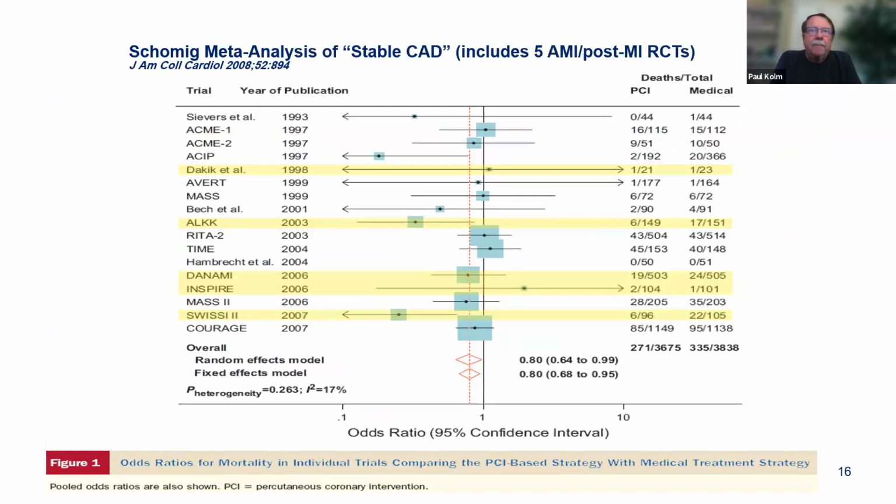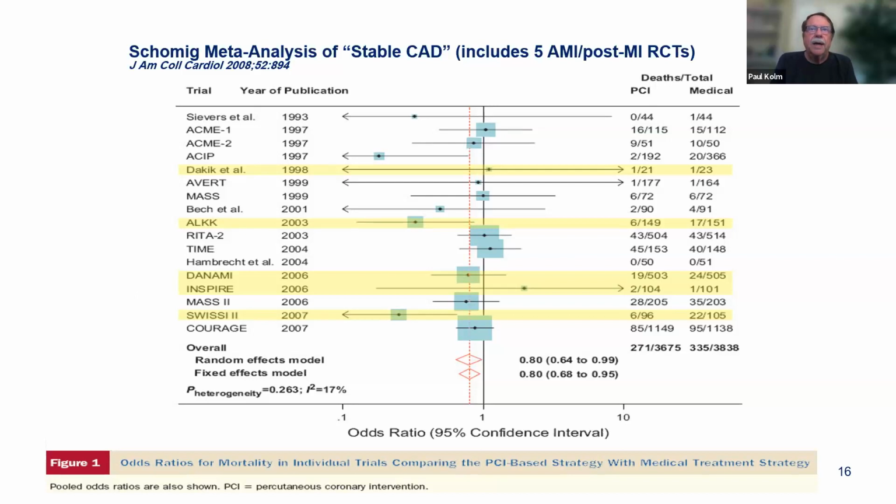In terms of what the forest plot is, as you can see, the diamonds are the actual, in this case, odds ratio.